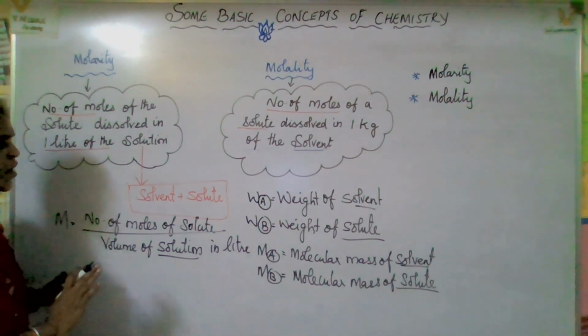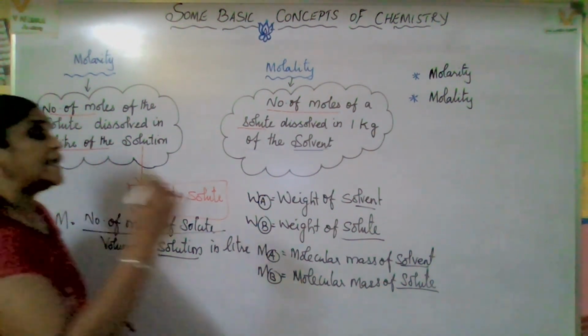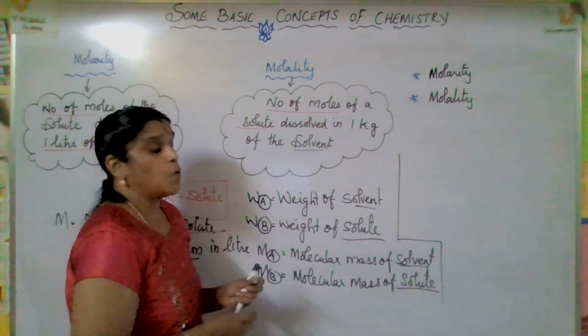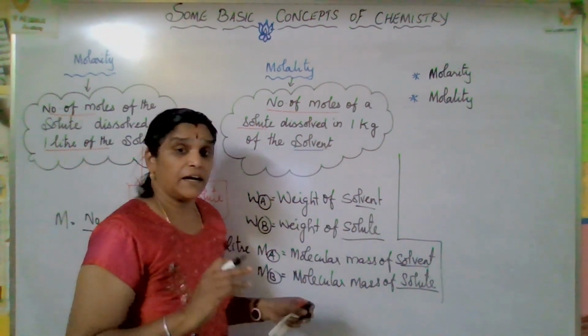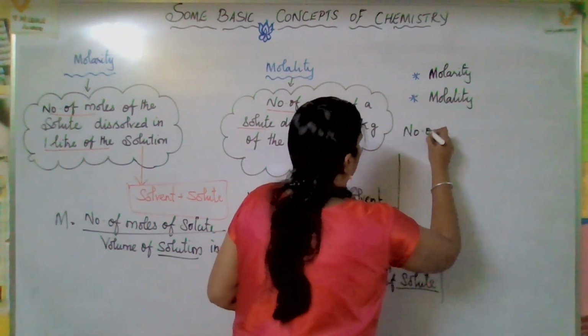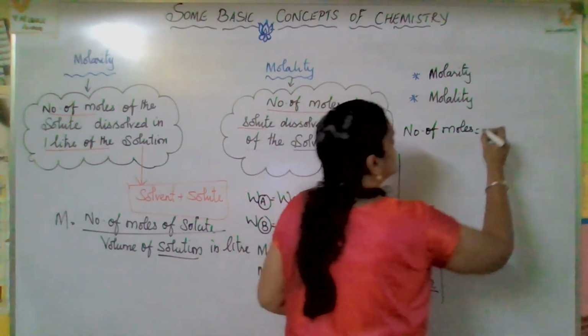Now, let us go and identify the formula. How do we get that formula? Generally, you have learned the formula for number of moles in the moles concept, right? Number of moles equals given mass divided by molecular mass. So how do we find the number of moles?